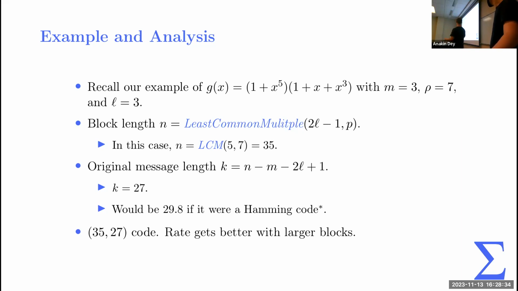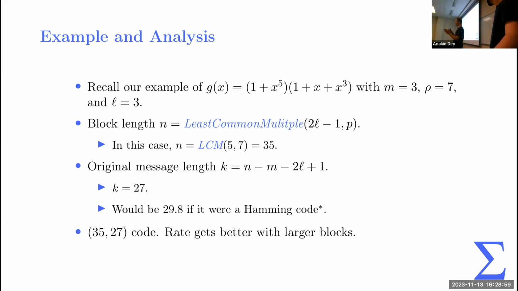But just in general, the idea here is that it's pretty close to the Hamming rate, which is good. The Hamming code only corrects single errors, but the fire code can correct burst errors. So this particular one corrects bursts of length 3, but a Hamming code of this size would only be able to correct 1 bit.